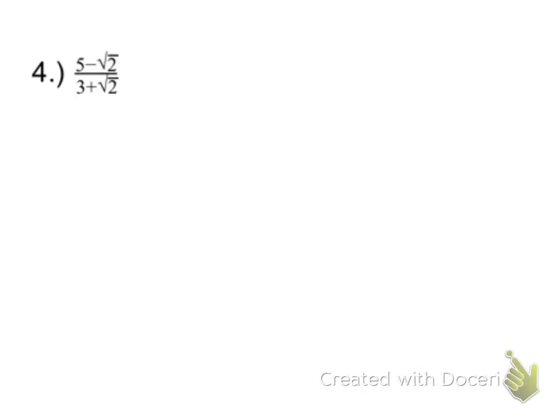We're going to multiply by its conjugate. And the conjugate is the bottom. It's a 3 and a square root of 2, but it's the opposite sign in the middle. So it's 3 minus the square root of 2. And what again do you do to the bottom?